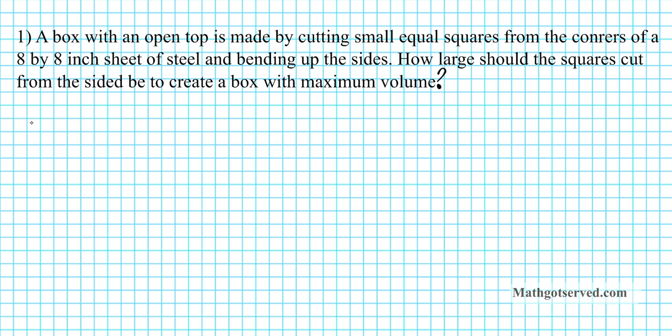Part number 1. We're going to start by creating a model. Let's see if we can create a diagram of the situation and represent it using mathematical tools. So we have a sheet of steel, and equal squares are cut from the corners.